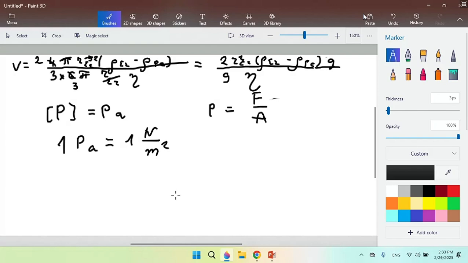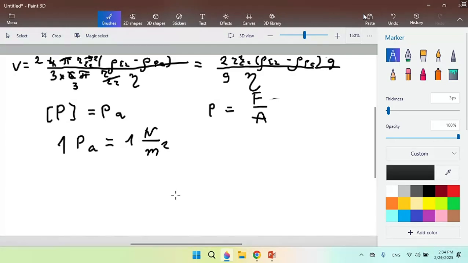So Stokes force: what is this Stokes force? It is the force of friction, related to the travel velocity.